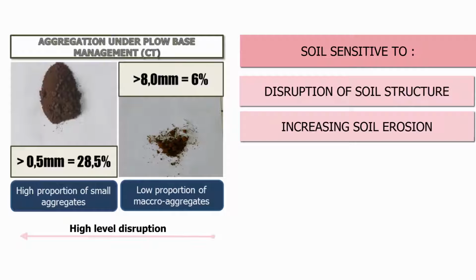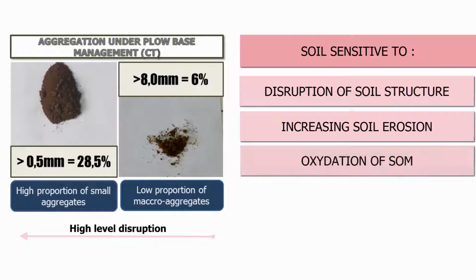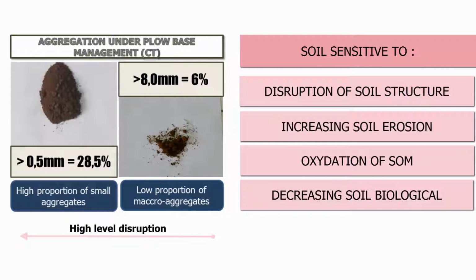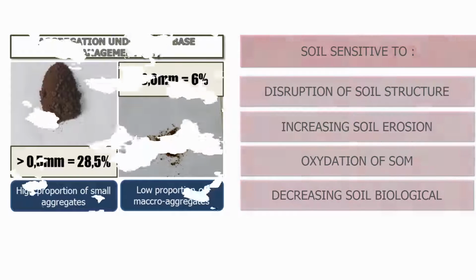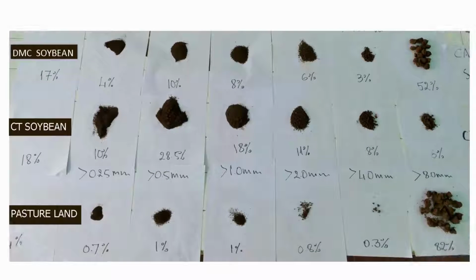Also, when we disrupt the soil aggregate, we expose the soil organic matter that is protected inside the aggregate. We expose that organic matter to microbial attack and to oxidation. So it's really the main difference when we compare with the DMC management.